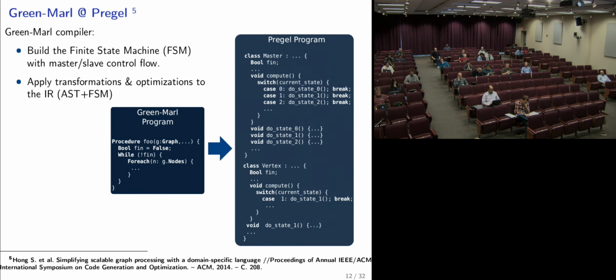And the solution was to build a finite state machine to control the master-slave execution of the Green-Marl programs.